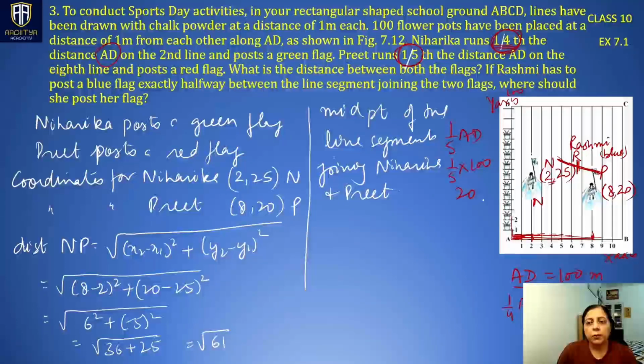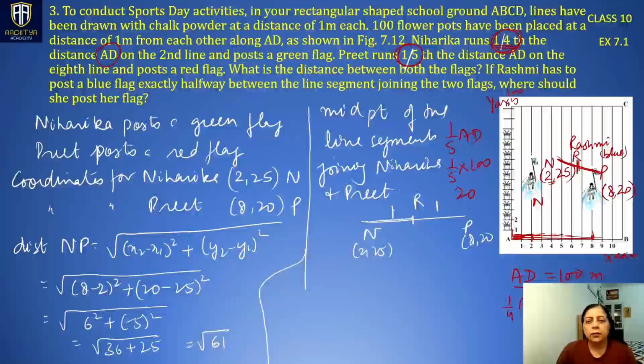If we talk about midpoint, midpoint represents the point which divides NP in the ratio 1:1. If this is N and this is P, which is 2,25 and 8,20, the point which divides NP in the ratio 1:1, because we have to make NR equal to RP. That means the ratio of NR and RP is 1:1.